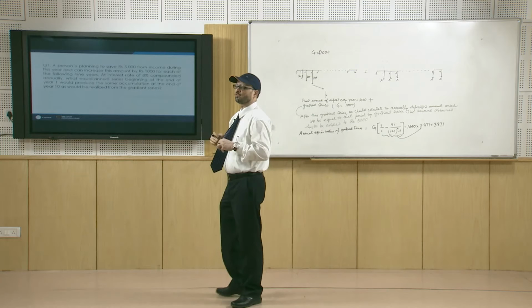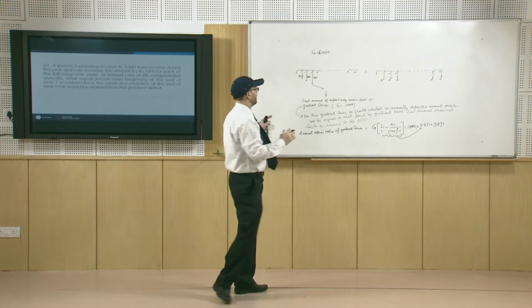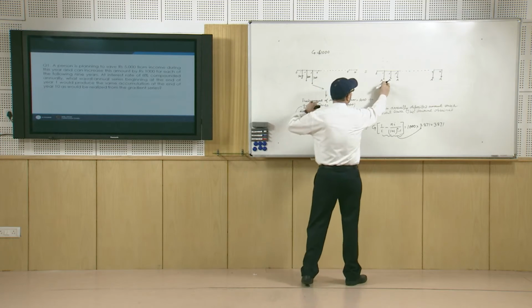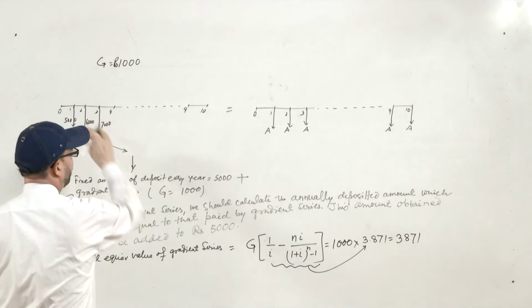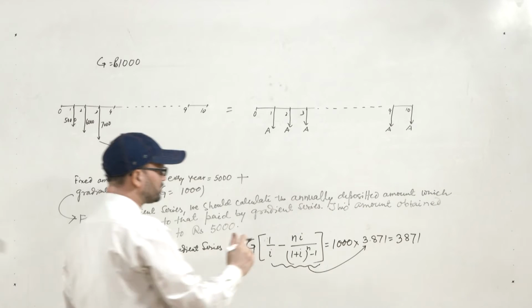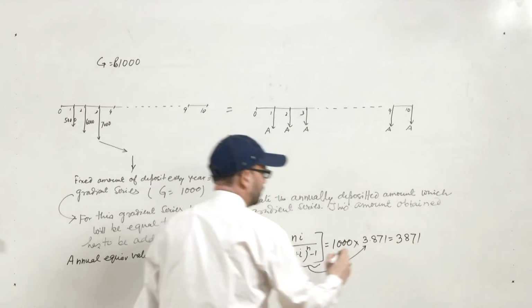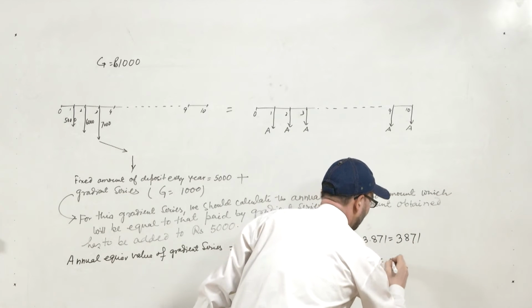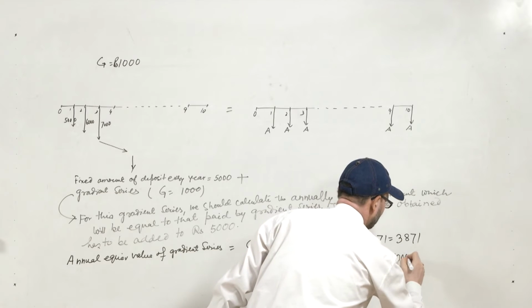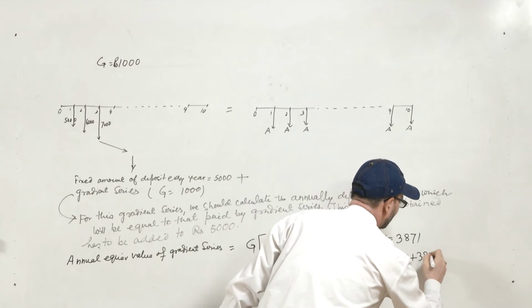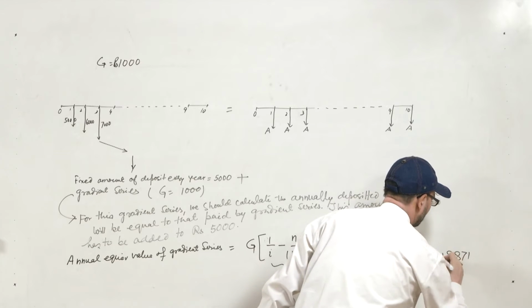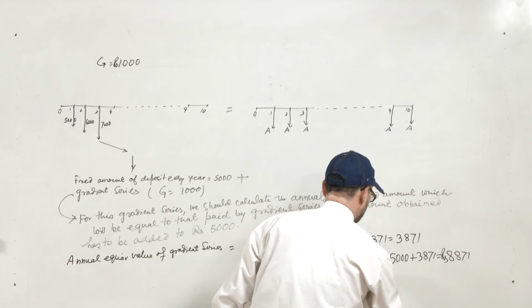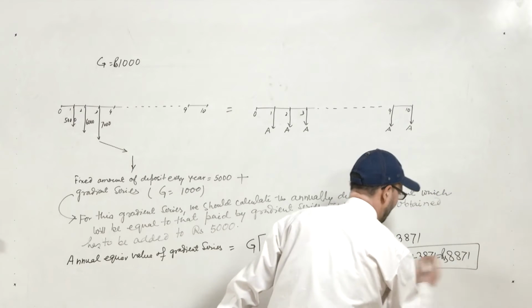So, your final A will be nothing but the fixed component of 5000 plus 3871. So, your A comes as 5000 plus 3871, that is 8871 rupees. This is the answer.